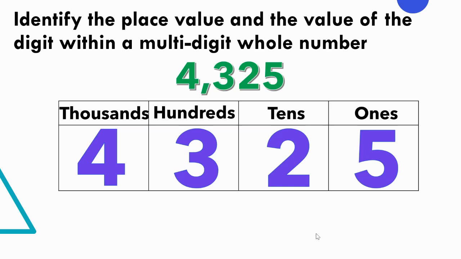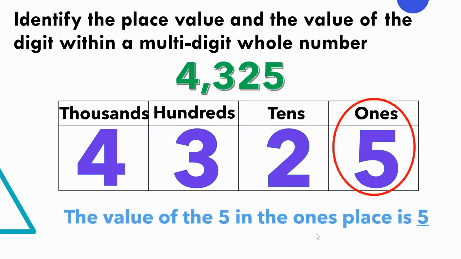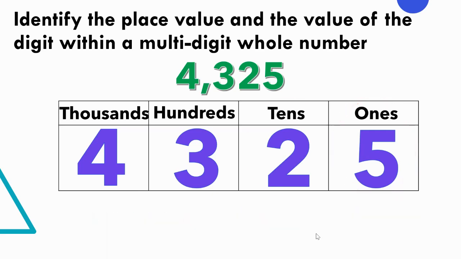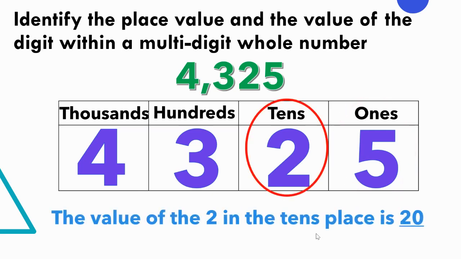Now we can determine the value of each digit. Let's start with the ones place. The 5 in the ones place has a value of 5. In the tens place, the 2 has a value of 20 because 2 tens is the same as 20 ones. We would need 20 ones cubes to make 2 tens rods.